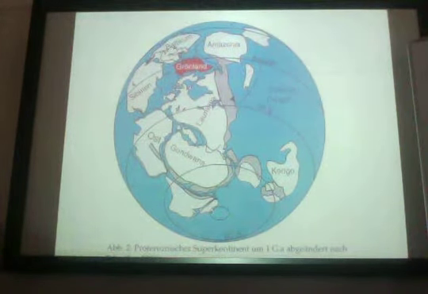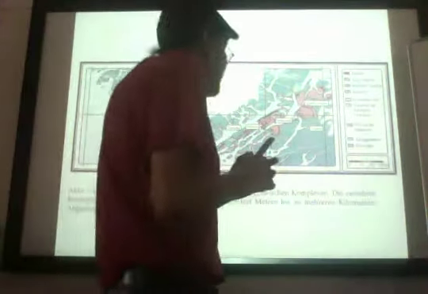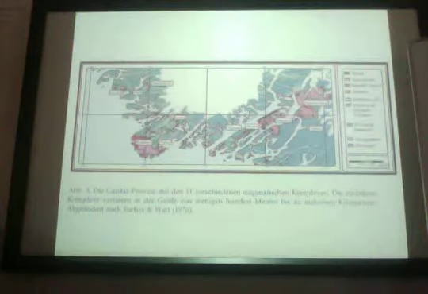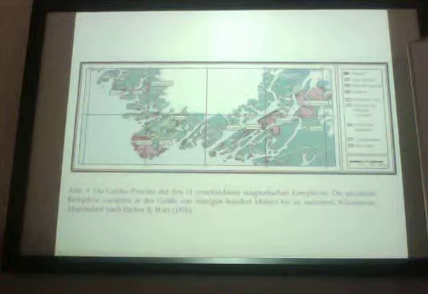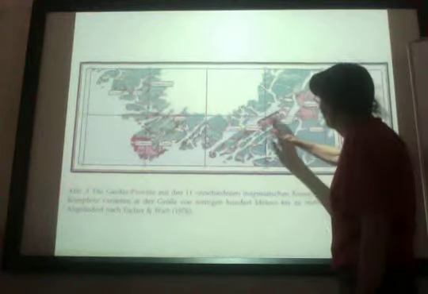Next slide. So now we are going to South Greenland, and in Greenland itself you have a lot of intrusions, and one of the most famous intrusions is the Ilimaussaq intrusion. The Ilimaussaq intrusion is located here.